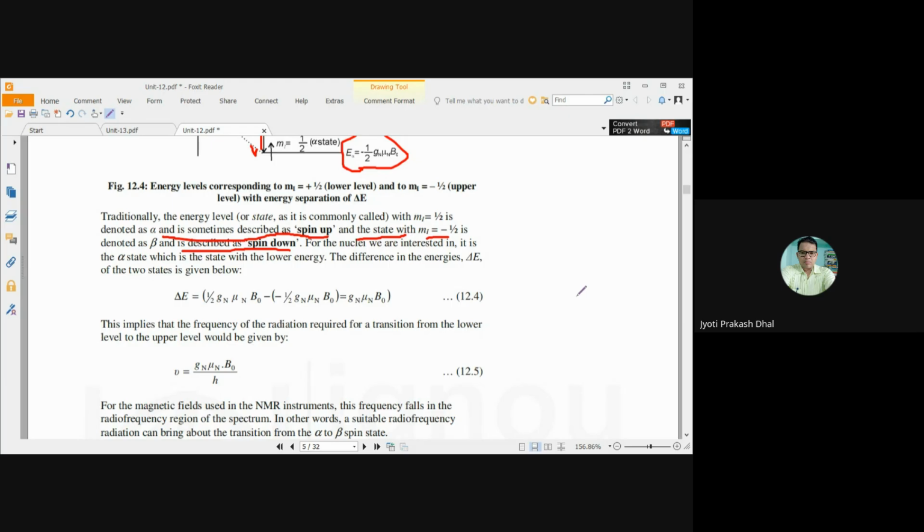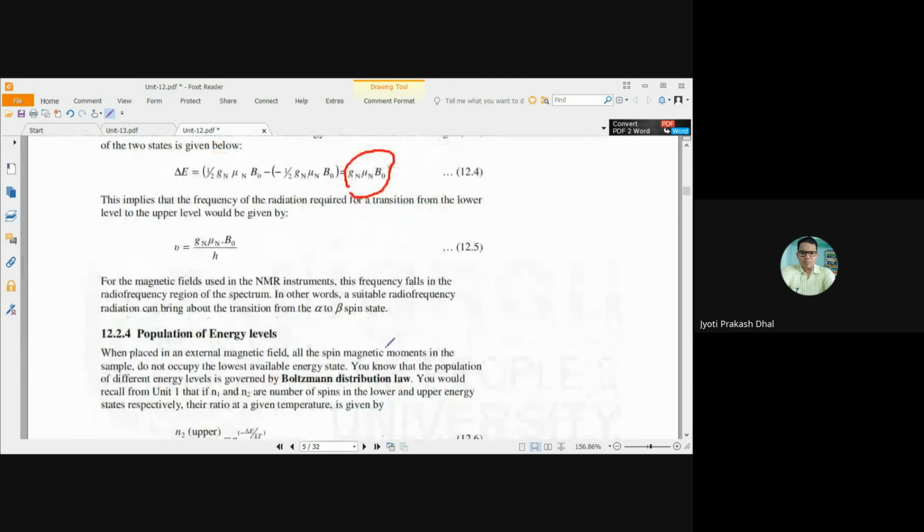For the nuclei we are interested in, it is the alpha state which is the state of lower energy, and the energy difference between the lower and upper energy state equals g_N mu_N B0. This implies that the frequency of the radiation, if you calculate it from the energy difference, is nu equals g_N mu_N B0 by h.